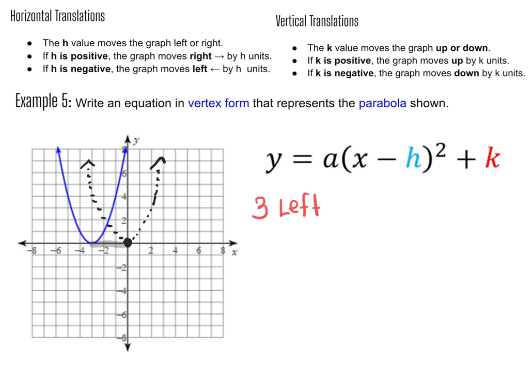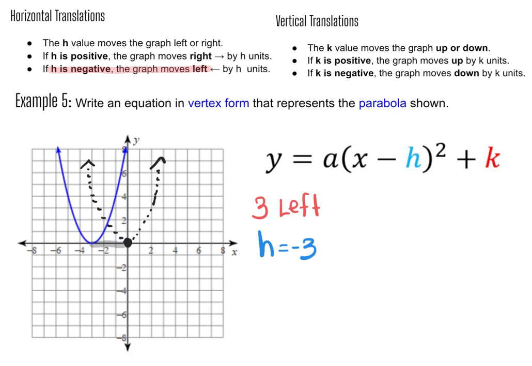Because we moved left, that means I need to know that my h is going to be a negative number. So I'm going to say that h is equal to -3. Negative for the left and the 3 for the number of units I moved.